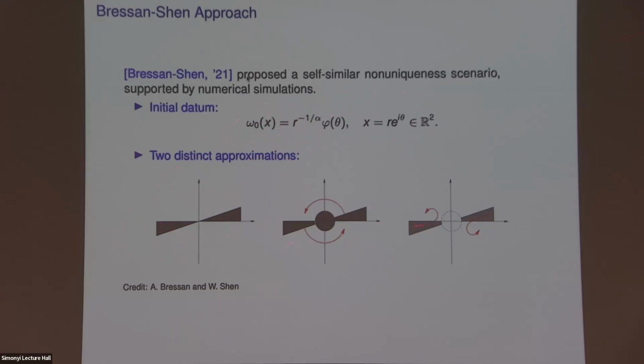Then we would like to regularize this initial condition, which is singular just at the origin, r equal to 0, in two different ways. So we cut a small ball around the origin, say of size epsilon, and we replace the ball with 0 in this second picture and epsilon to the -1 over alpha in this first picture.